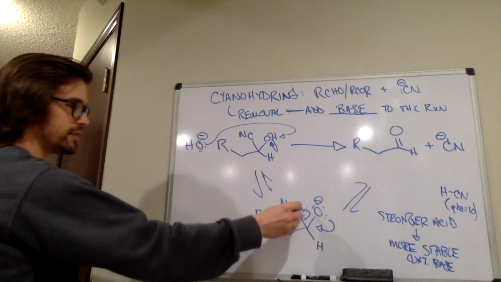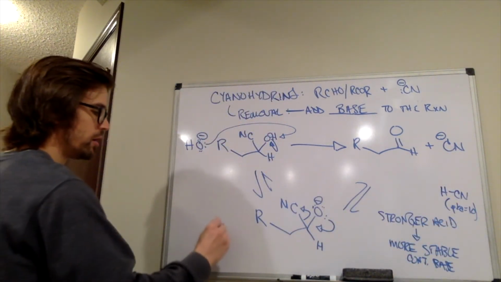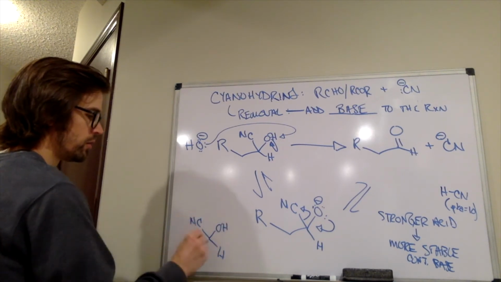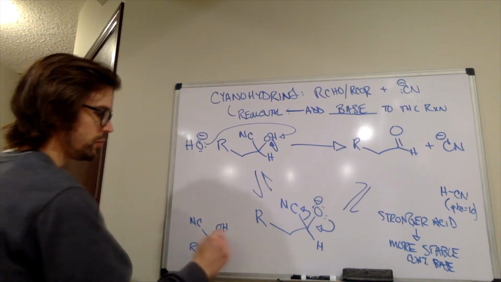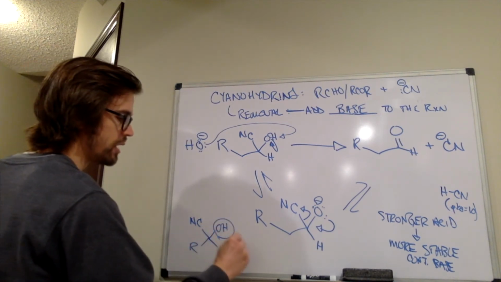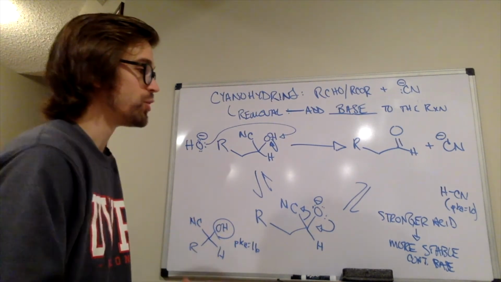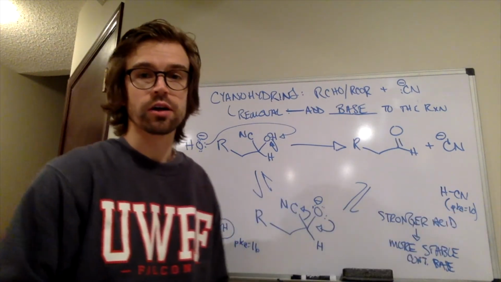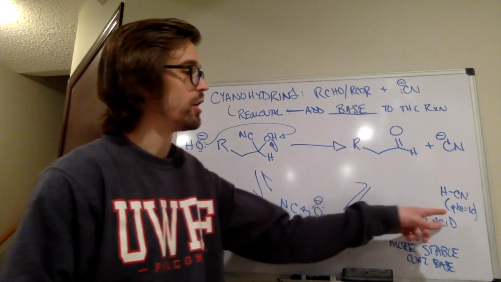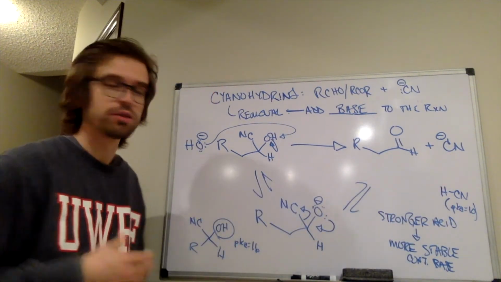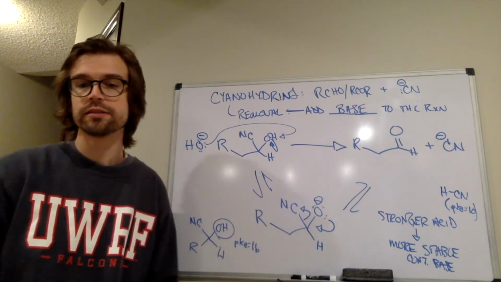The conjugate acid of the other would be an alcohol, and an alcohol has a pKa around 16. So which one is the stronger acid? HCN is the stronger acid. That tells us that CN minus is a more stable conjugate base than O minus.